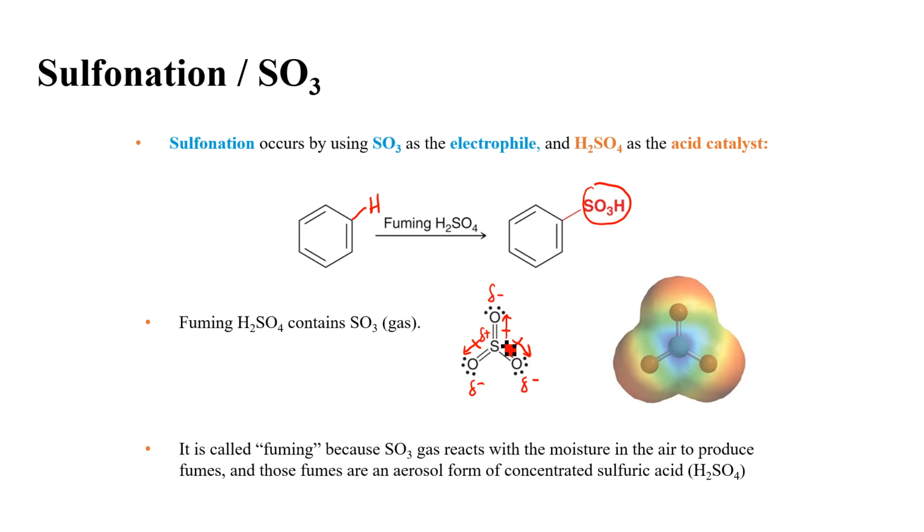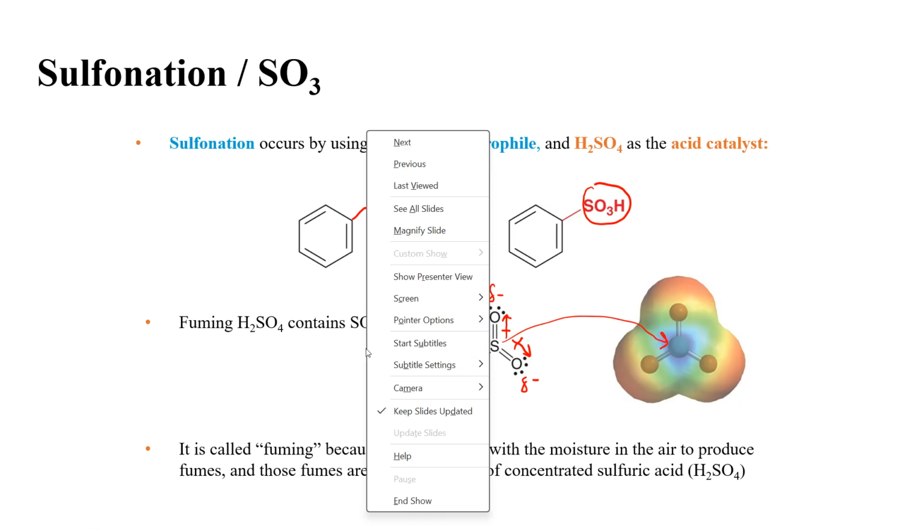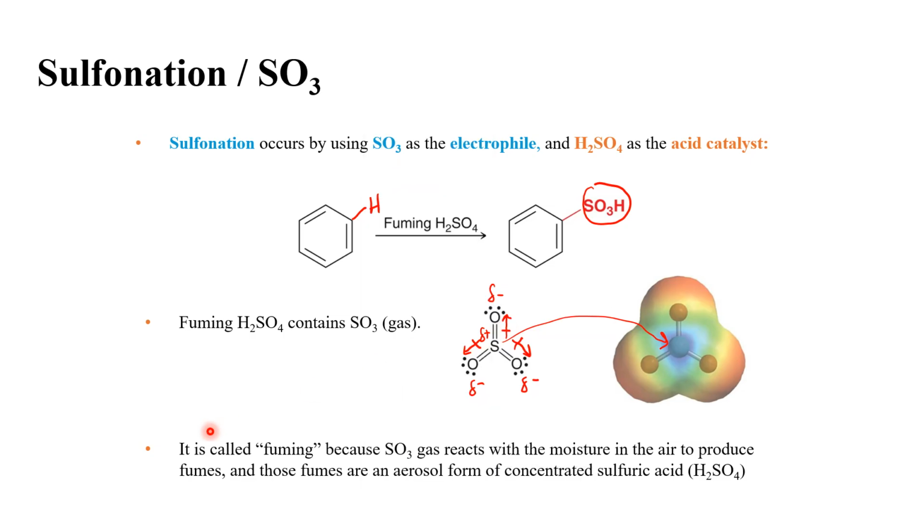Which explains why the sulfur is electron poor. It's partial positive. Also, another reason it's called fuming H2SO4 is because the SO3 gas reacts with the moisture in the air to produce fumes, and those fumes are basically an aerosol form of concentrated H2SO4.